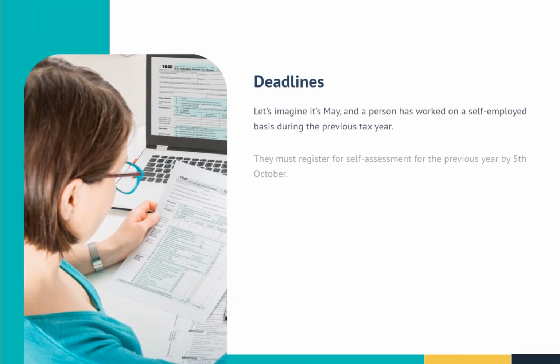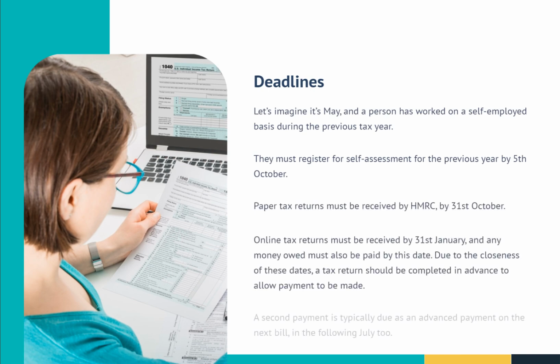Deadlines. Let's imagine it's May, and a person has worked on a self-employed basis during the previous tax year. They must register for self-assessment for the previous year by 5th October. Paper tax returns must be received by HMRC by 31st October.